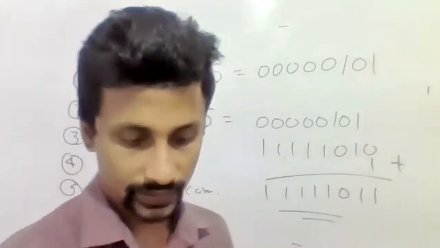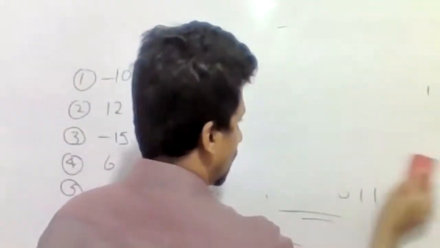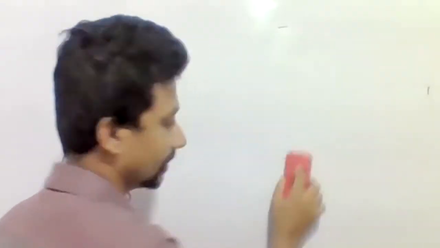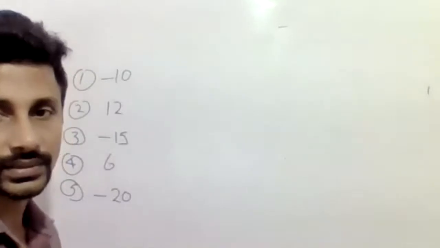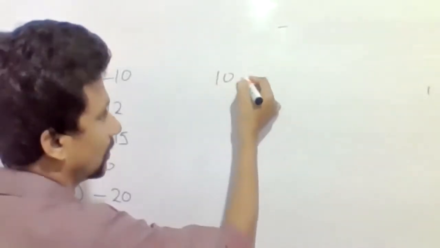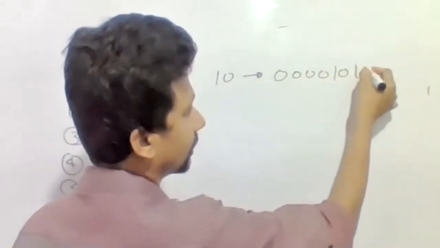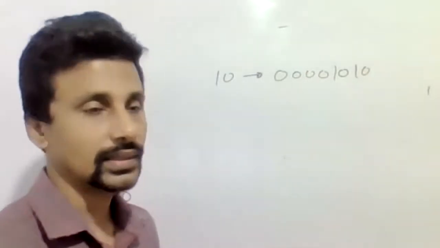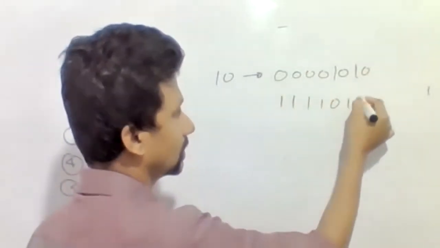I'm going to check your answers. Most of you have good answers. So first one, minus 10. First you find the 10, that is 0, 0, 0, 0, 1, 0, 1, 0. You can take it by dividing the number, doesn't matter. Then after that you complement the bits, that is 1, 1, 1, 1, 0, 1, 0, 1.